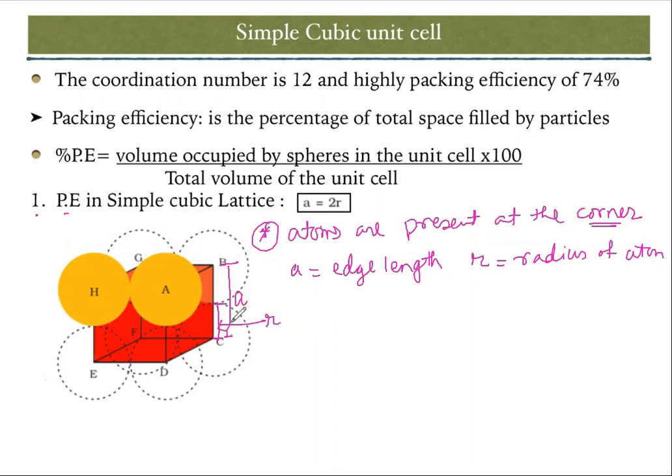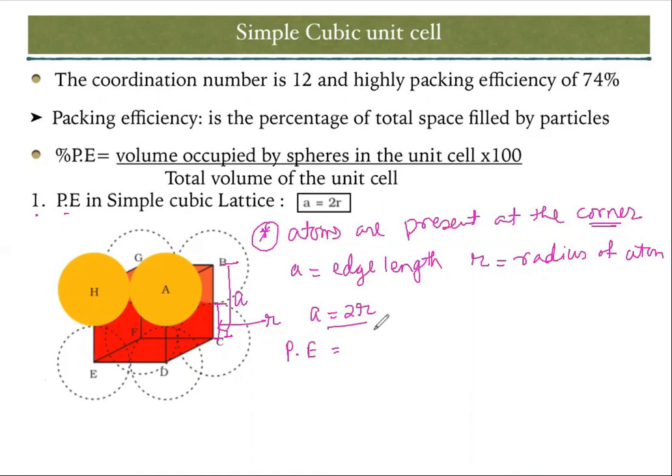Now in this case, what is the relation between A and R? As these two atoms are touching each other, we can clearly say that A is equal to 2R. Now let us calculate the packing efficiency. Packing efficiency is equal to the volume occupied by the spheres in the unit cell. What is the volume occupied by one sphere?